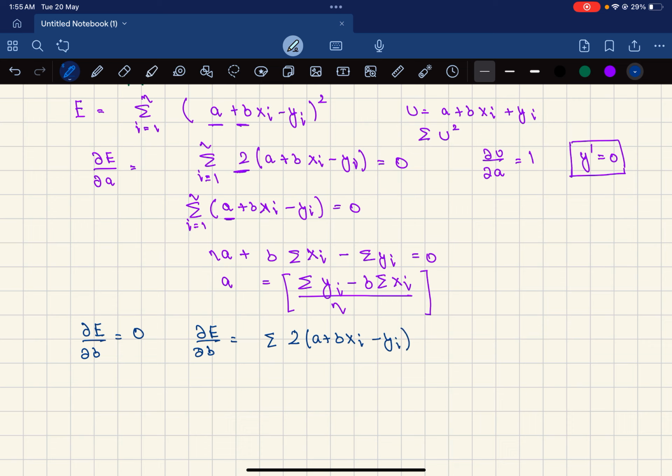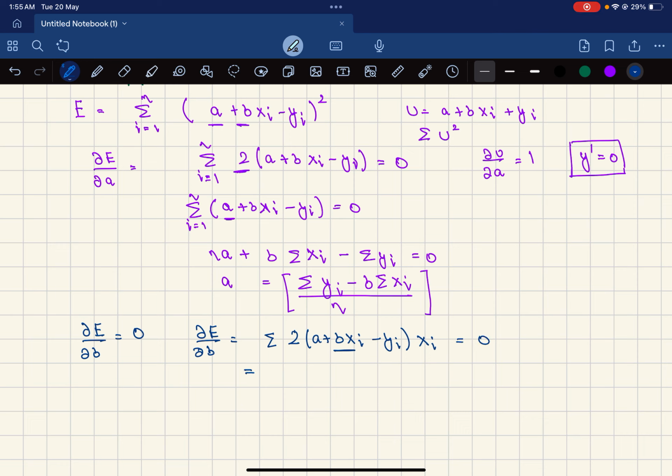Now the derivative of a plus bxi minus yi with respect to b is xi. Therefore we have an xi here as well inside the summation, because the derivative of bxi with respect to b is xi. So if we are using the chain rule, we need to multiply it by del u by del b, which is xi.